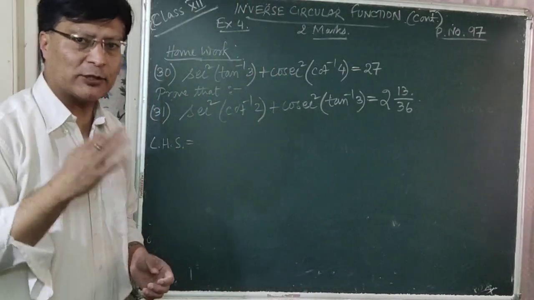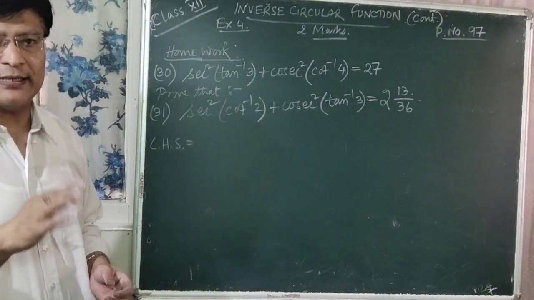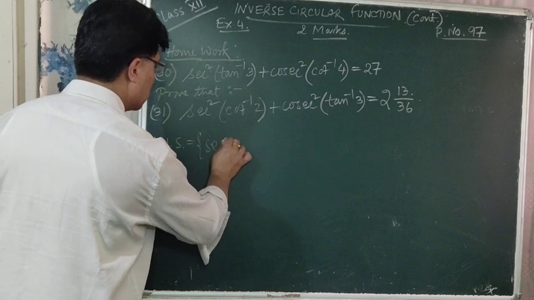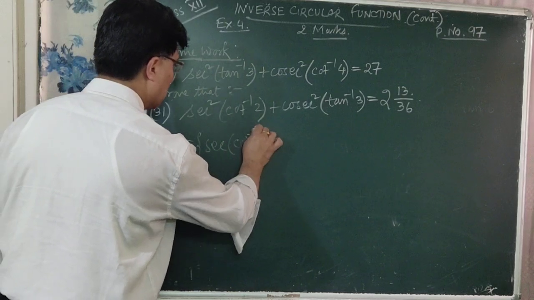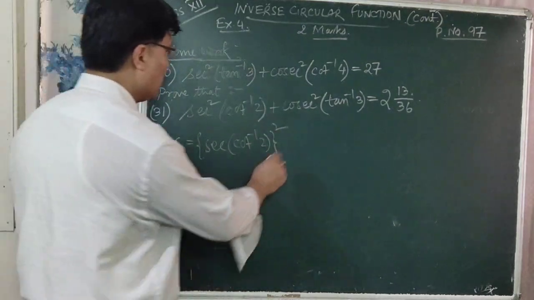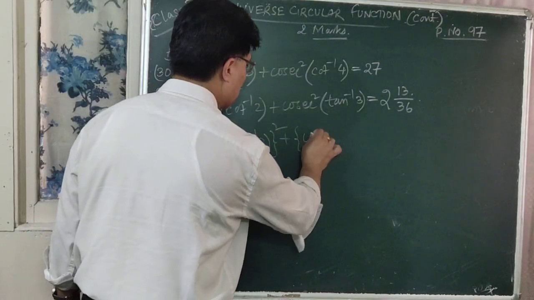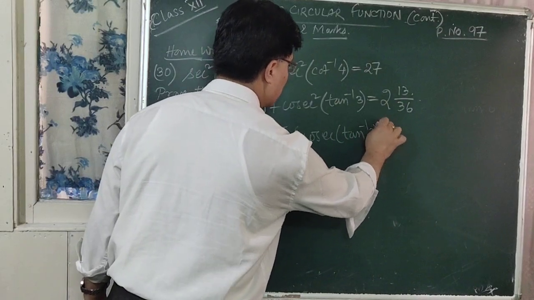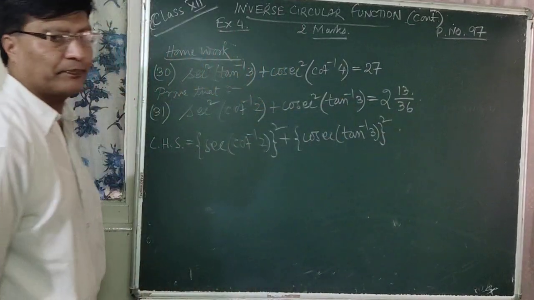So likewise, here also you can write sec within bracket cot inverse 2 whole square, right? Plus here also you can write cosec within bracket tan inverse 3 whole square, okay?